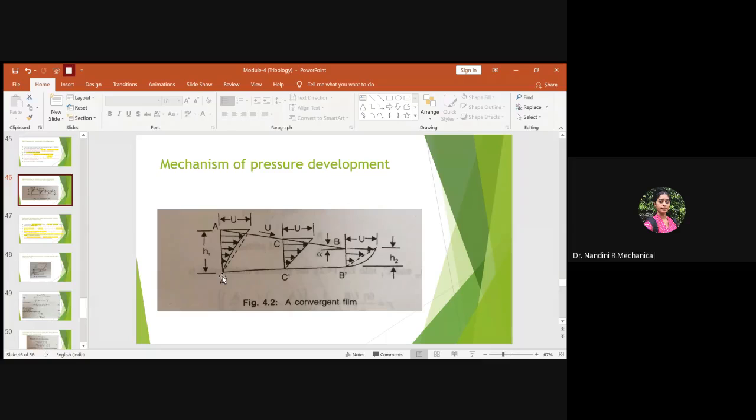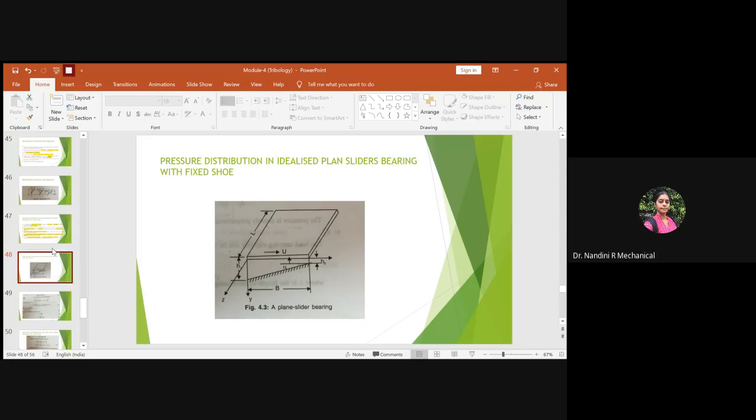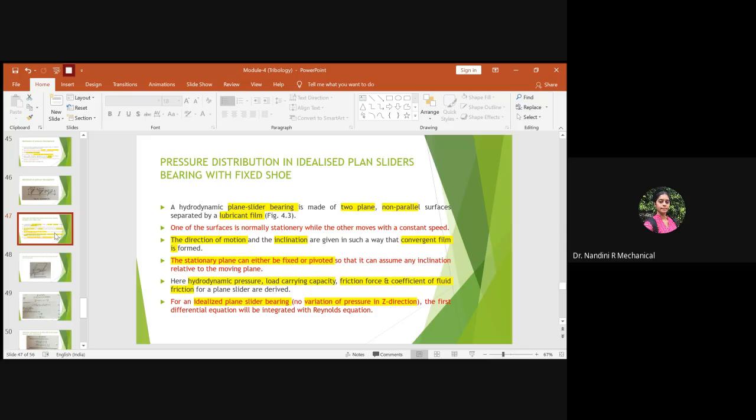This concept remains the same, wherein there is a difference in the oil film thickness, which we categorize as H1 and H2. If you take a reference plane parallel to the bottom surface, you will see the angle of inclination with respect to the parallel surface. We have discussed this already. Now we start with the pressure distribution concept for an idealized plane slider bearing.